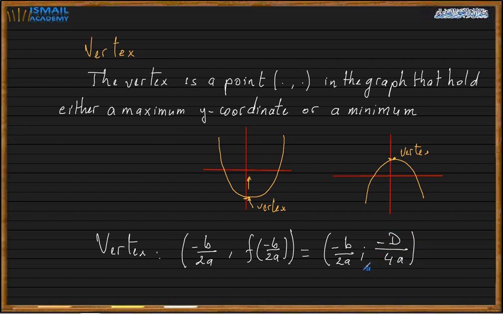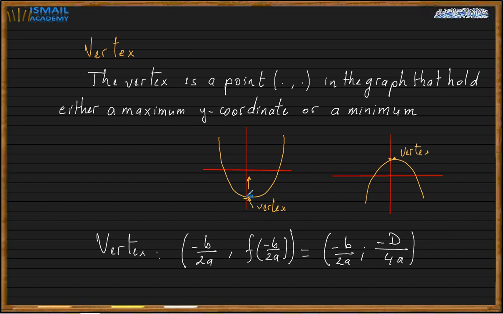So if you find the discriminant, use the opposite sign of the discriminant, then divide by 4a. It will give you the y value of the vertex, or the y coordinate of the vertex, and the x coordinate of the vertex is minus b over 2a.